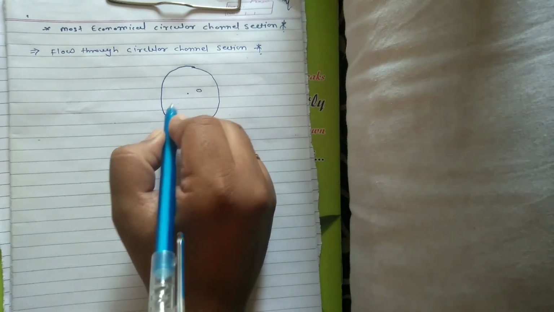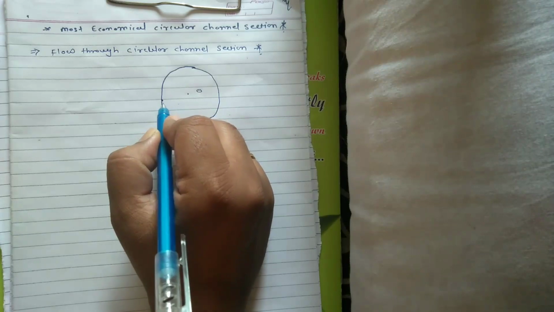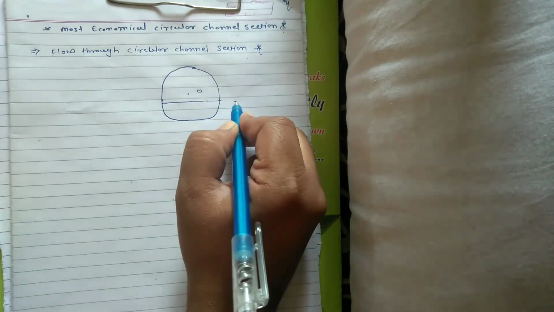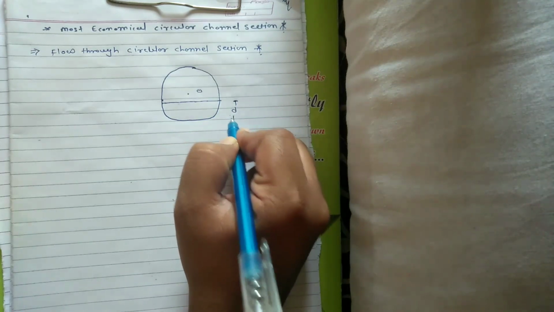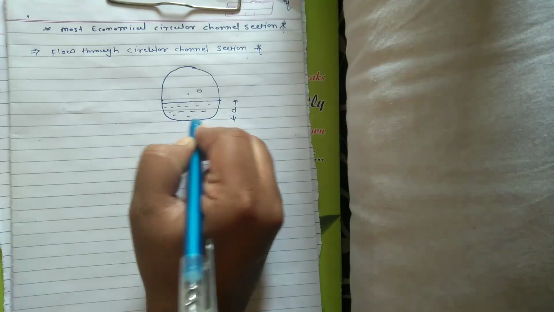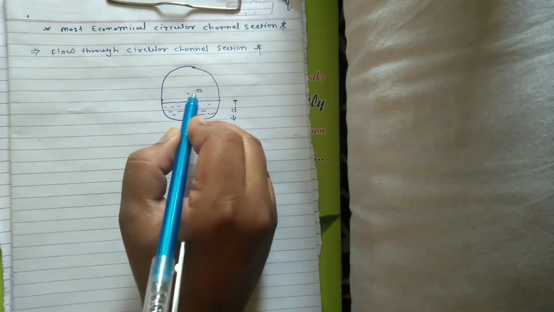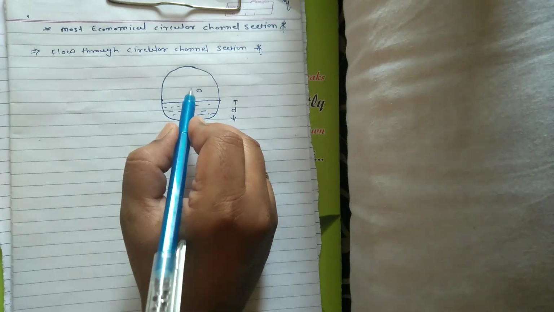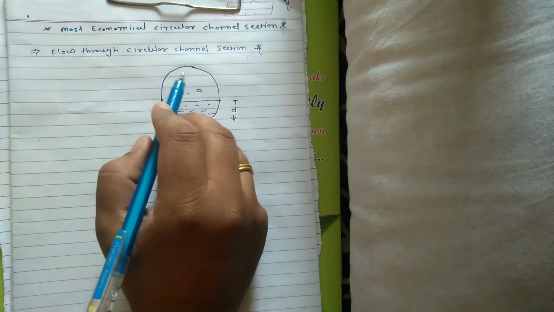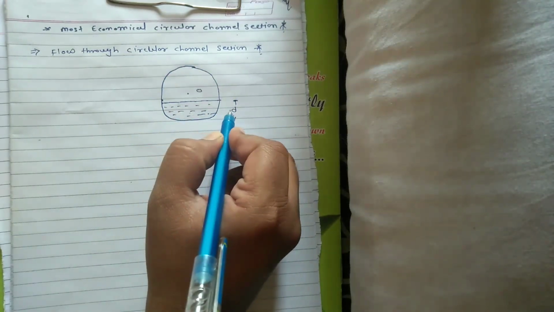The flow in that channel is up to this much, and this is the depth of flow, D. This much is the flow in the circular channel. As this is not running full, it is an example of an open channel. Now this is the depth of the flow.